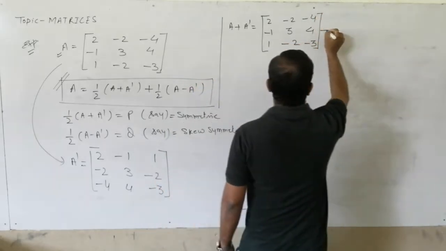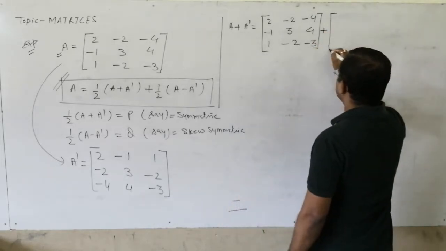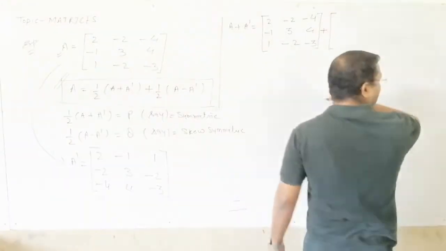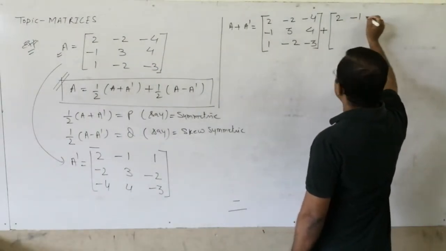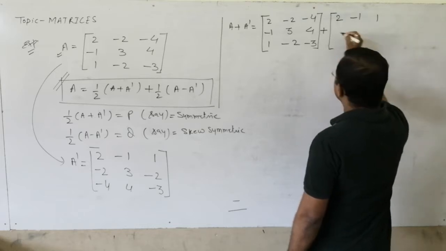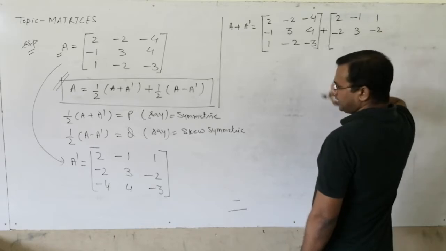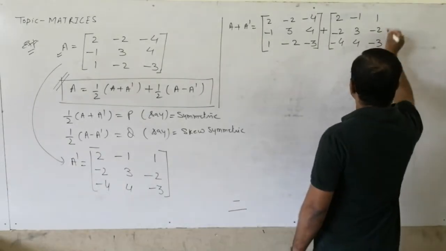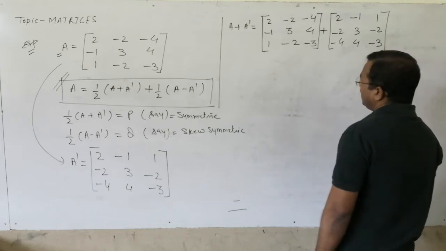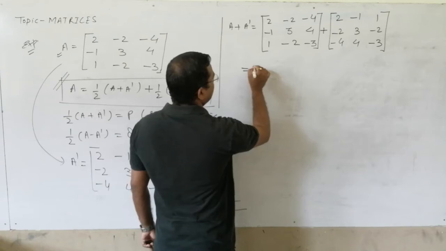We add to it the transpose of this matrix that we have calculated here, it is 2, minus 1, 1 and minus 2, 3, minus 2, minus 4, 4 and minus 3.